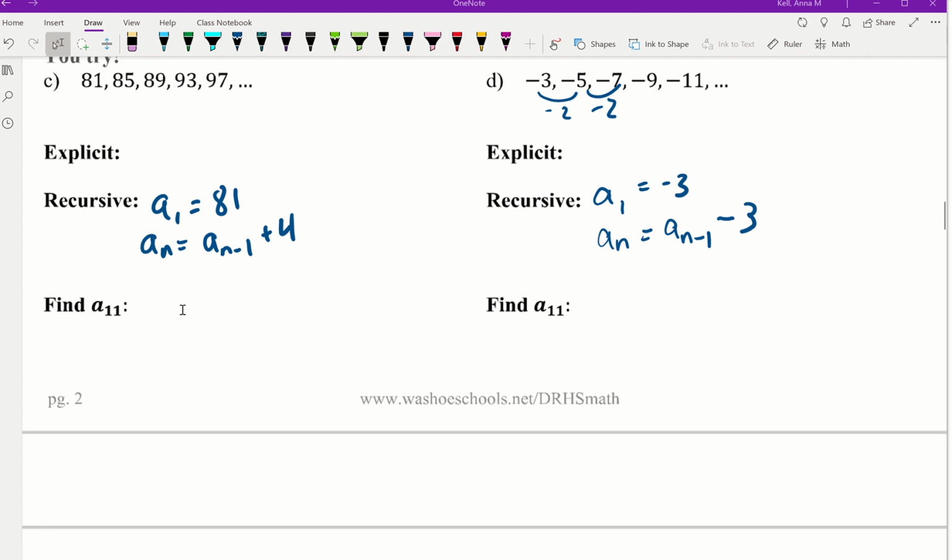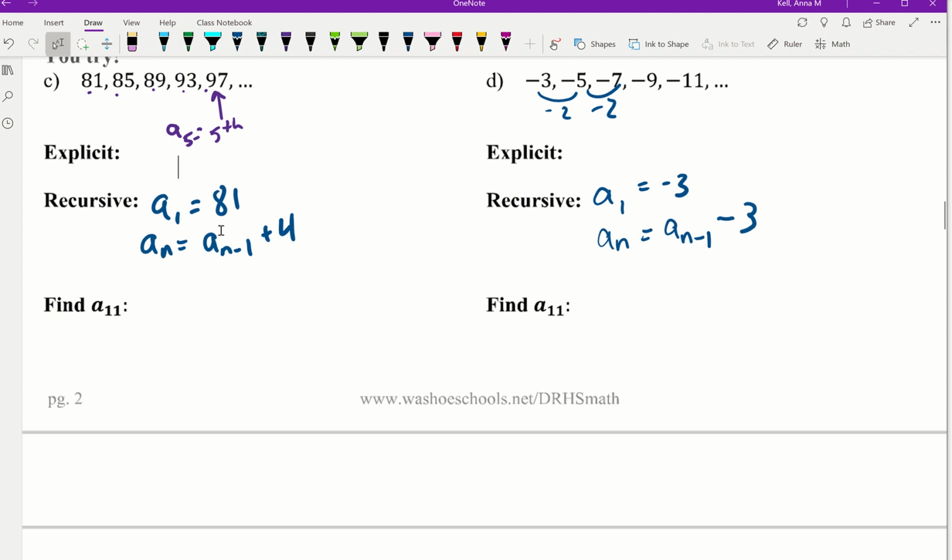So if we want to figure out the 11th entry, I'm going to start here with the highest number in the sequence that they gave me, which is my 1, 2, 3, 4, fifth entry. So this is a sub 5, okay? So I'm just going to add 4 to this six times in order to find my 11th entry.